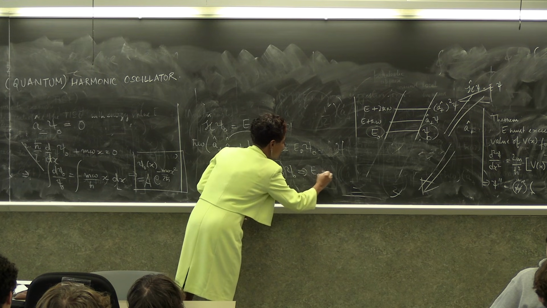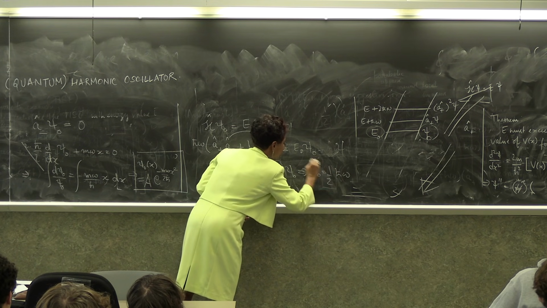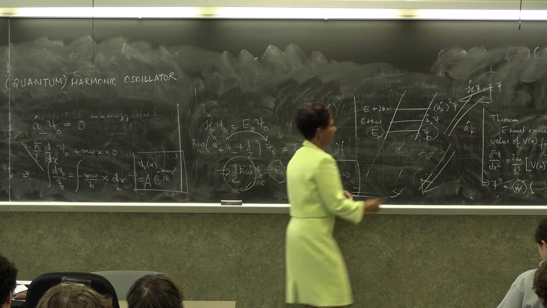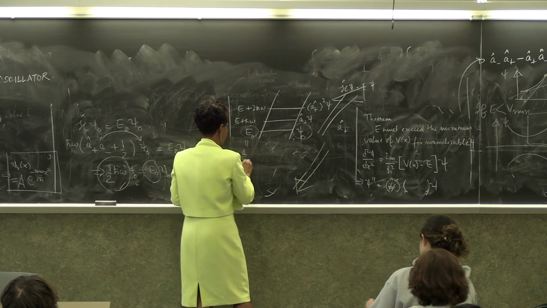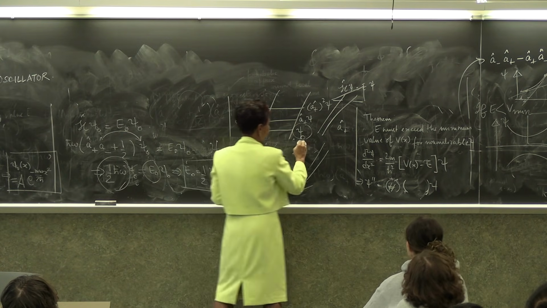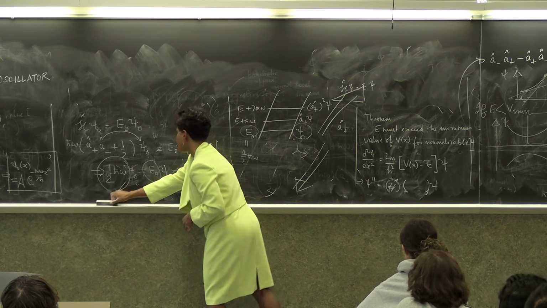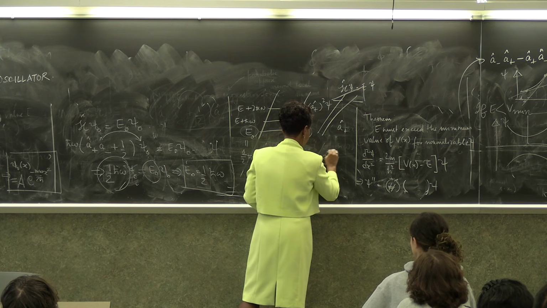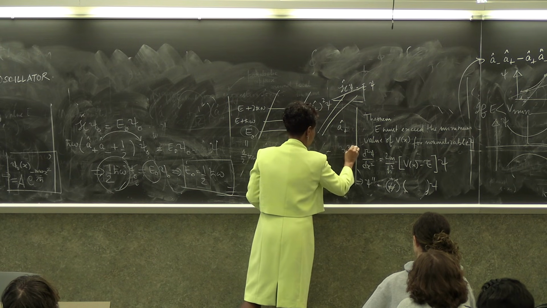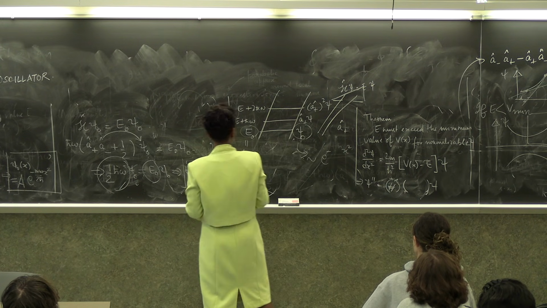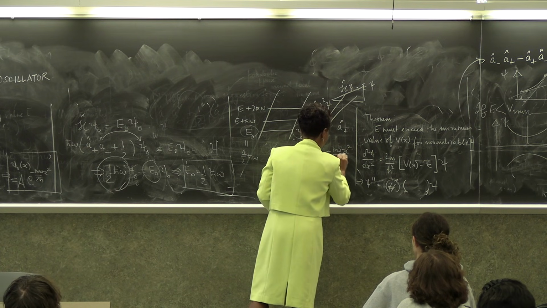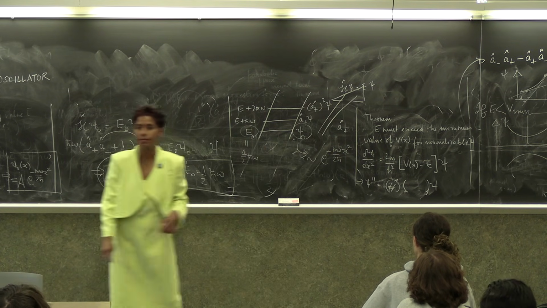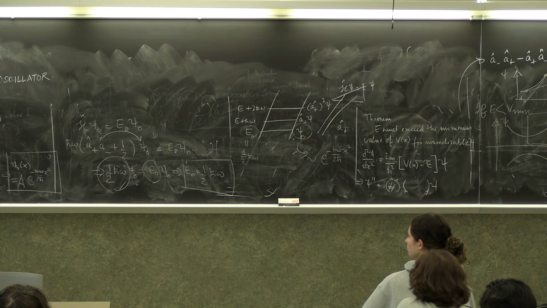E naught is half h bar omega. So we have solved the full problem.